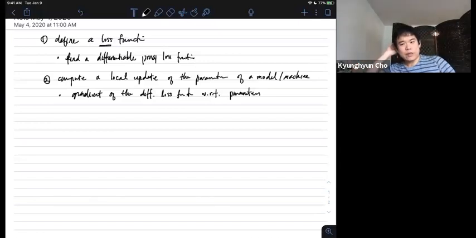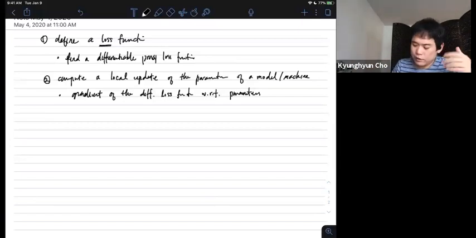So we've been learning a lot of different algorithms to minimize the loss function, but at the core, this core of machine learning that we have learned consists of two stages that we just talked about.